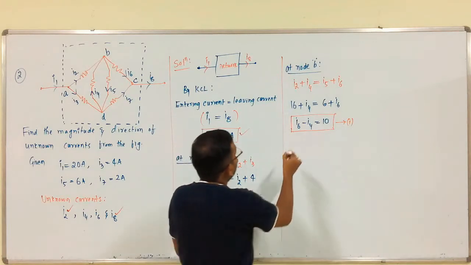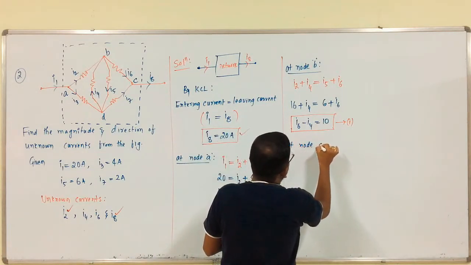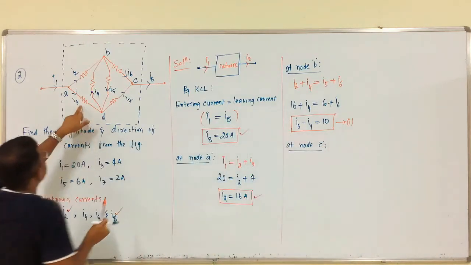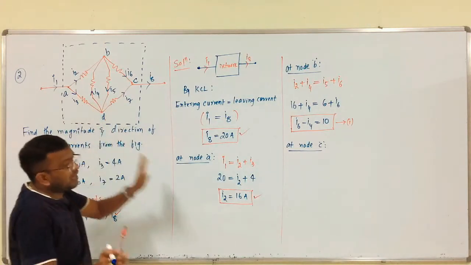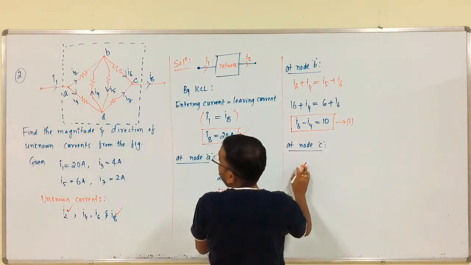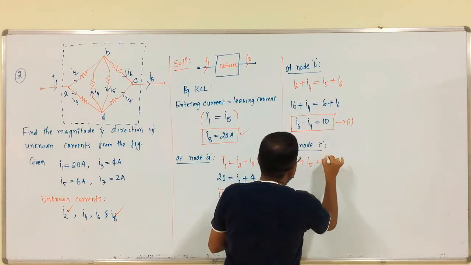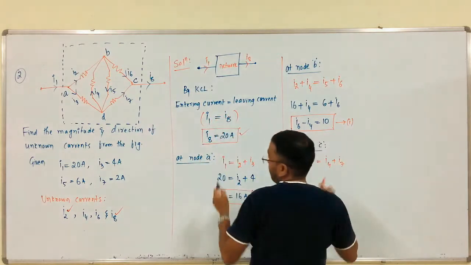Next, at node C, I3 is entering, I5 is entering, I4 and I7 are leaving. So I3 plus I5 is equal to I4 plus I7.